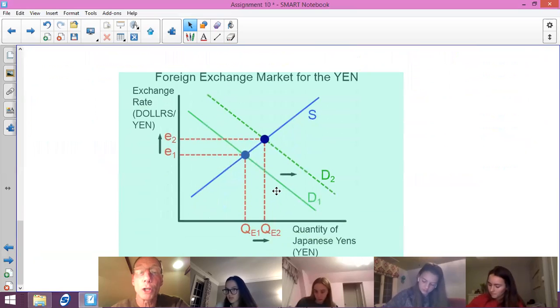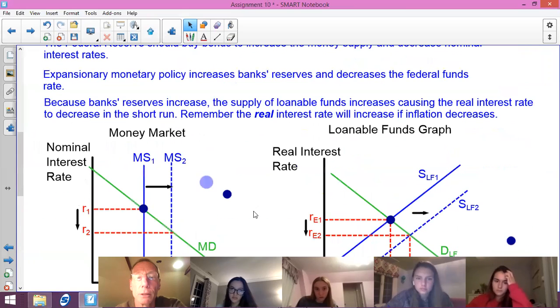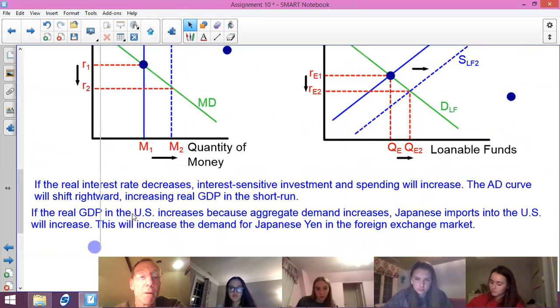So once again, this is the one you're going to want to draw. I've got it in green shaded here. And remember, because we're drawing it for Japanese yen, the quantity of yen is going to be on your horizontal axis. I almost said vertical again. I say it backwards all the time. Horizontal axis.